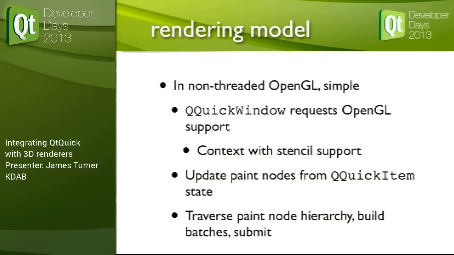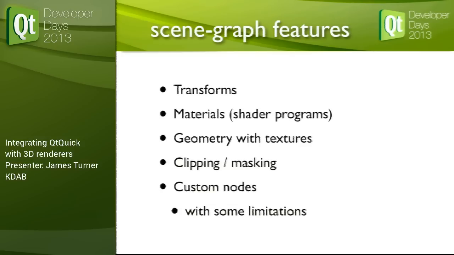And then we run over these paint nodes, which we've got a big tree of, and we assemble them into batches, which isn't worth talking about in too much detail, and essentially we submit them. In other words, we make drawing calls. So the transform ones end up making matrices, the materials end up activating shaders, and the geometry ones end up drawing a number of triangles. The clipping ones do something more complex we're going to ignore for now, it's a detail.